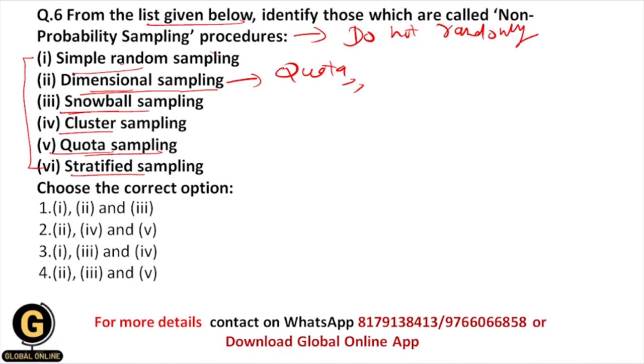The researcher thinks about many characteristics such as gender, age, etc., and each participant should have those defined characteristics. Those are called dimensional sampling, because here the characteristics are many but the participant is one. That's why this is the extension of quota sampling.